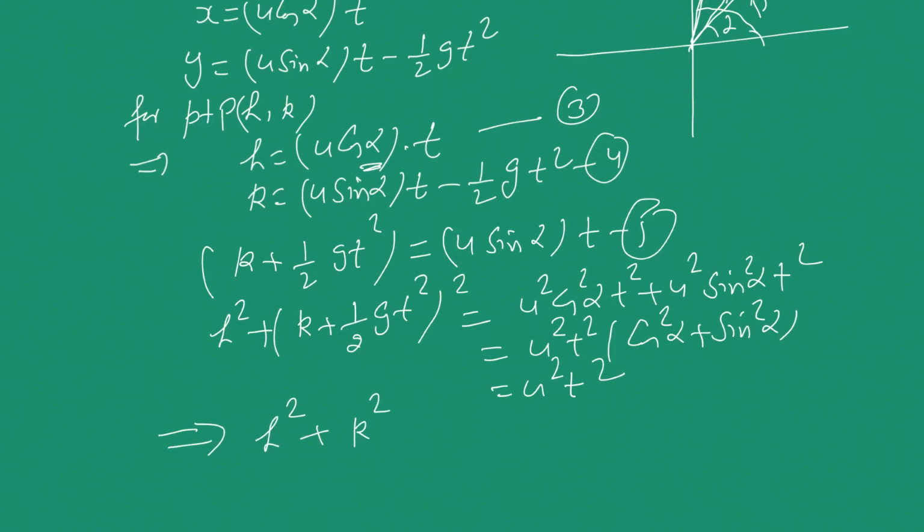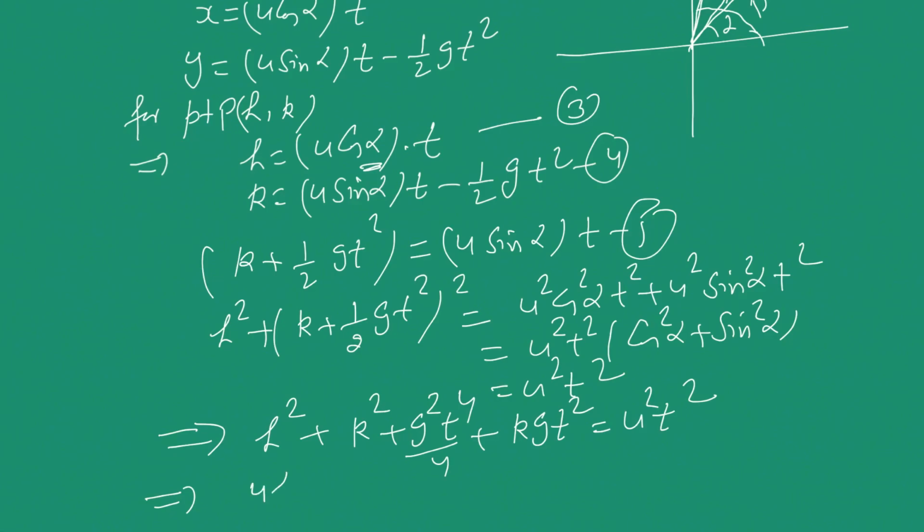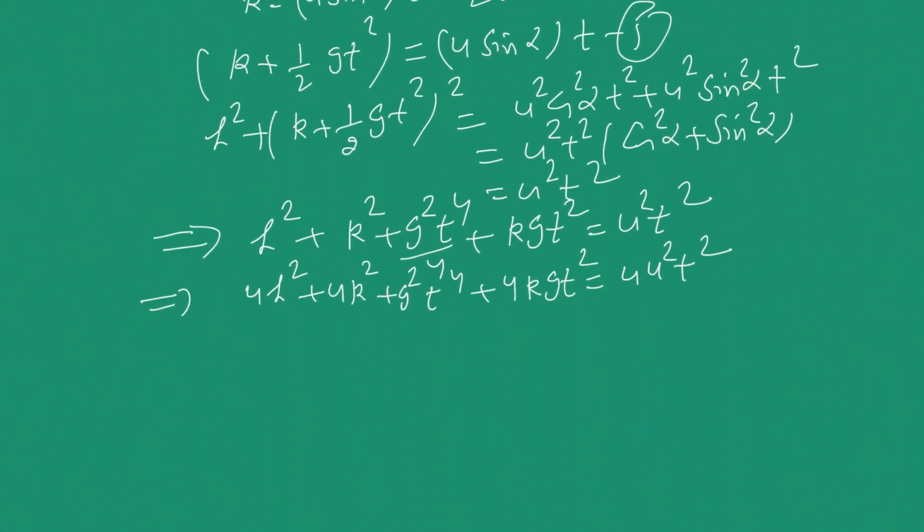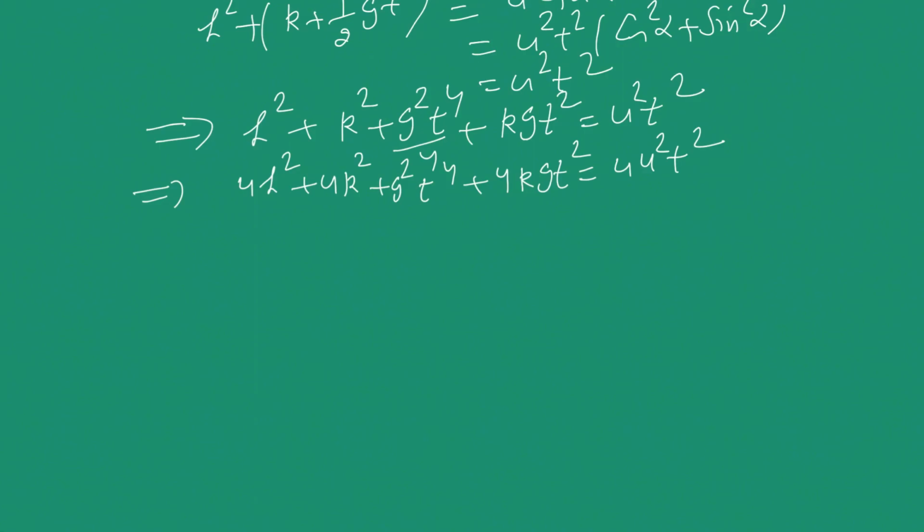This will be h square plus k square plus g square t4 by 4 plus k g t square is equal to u square t square. Taking LCM 4, this can be written as 4 h square plus 4 k square plus g square t4 plus 4 k g t square is equal to 4 u square t square.